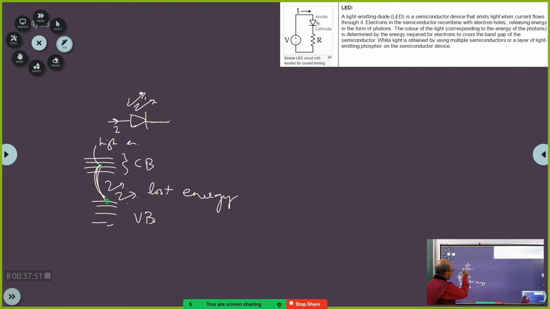When the diode is forward biased, just like a normal diode it works, but it has got a window and the doping and all is in such a manner that it is going to emit light. Okay, because the electron jumping from conduction band to valence band is going to emit the radiations. Correct? Yes, sir.